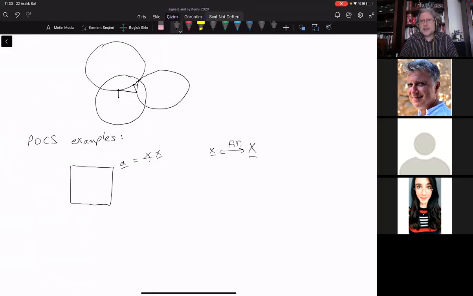Capital X contains complex numbers, and the complex numbers have one magnitude and one angle. So that X is essentially magnitude of X times e to the j angle of X, okay? So I'm not splitting into real and imaginary parts, but I'm splitting into magnitude and angle for the complex number X.